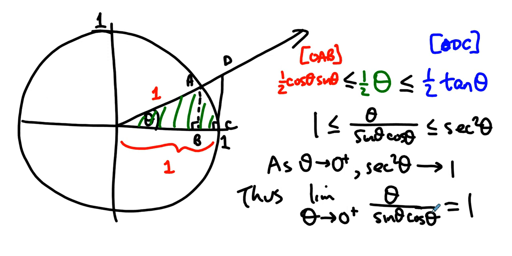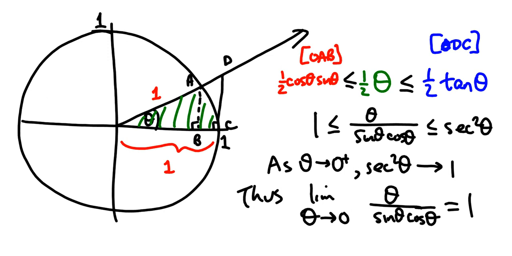Now, just between us, sine theta over theta or theta over sine theta is an even function, and cosine theta is an even function. And so this isn't just the limit as theta approaches 0 from the right. This is the limit as theta approaches 0 from either side.